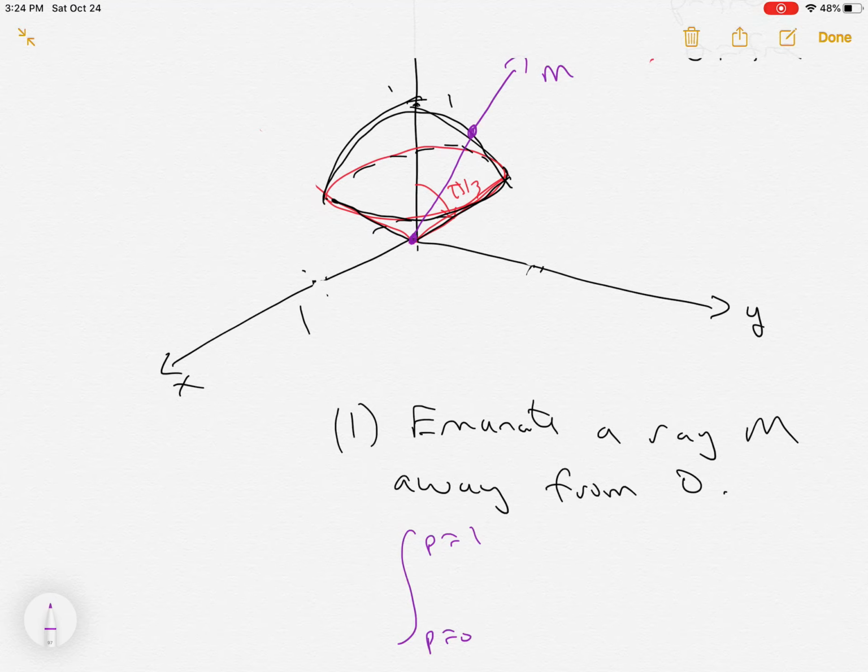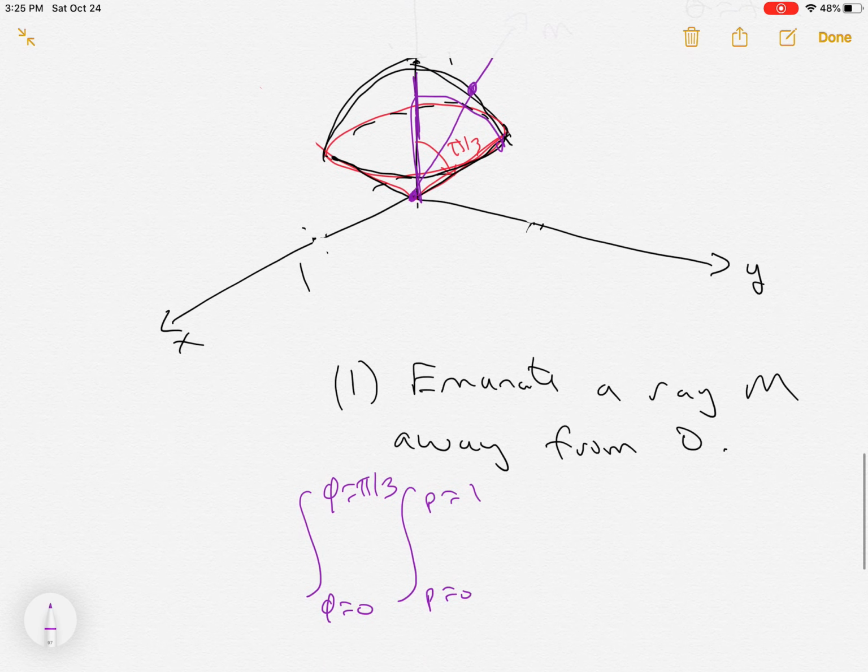Okay. And then we look at the angle phi, and phi starts here on the z-axis and opens outward. So phi goes from 0 to pi over 3.